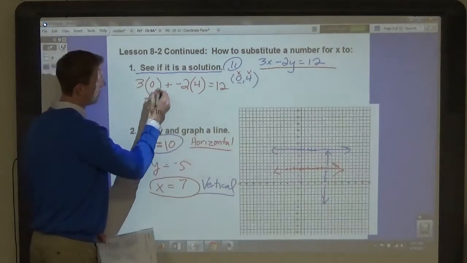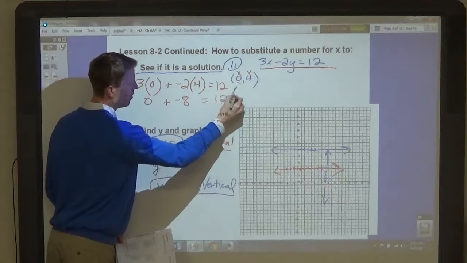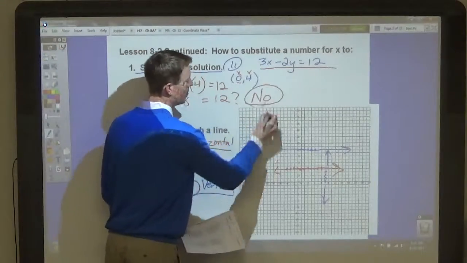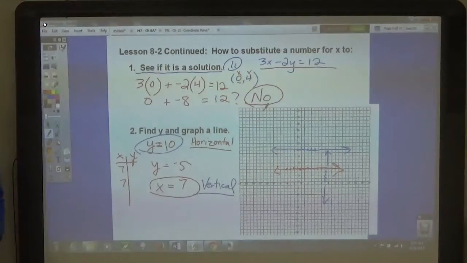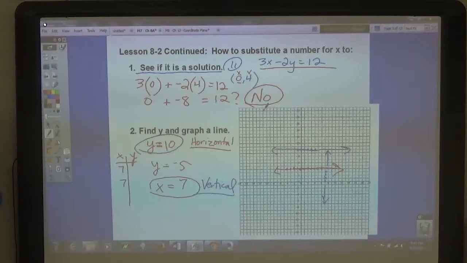That equals negative 8. 0 plus negative 8 does not equal 12. You would write no. It is not a solution. Okay? That's what you're doing in the bottom section. So put the numbers in to check if it is a solution.